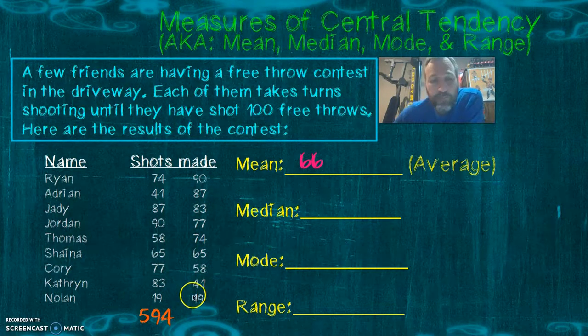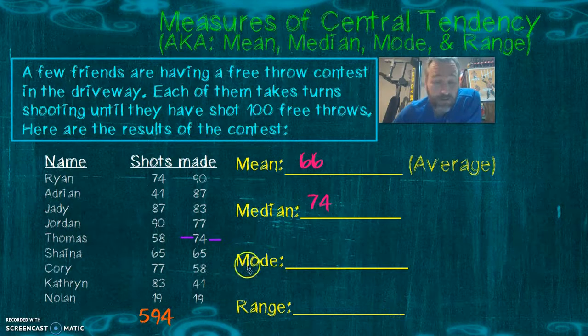When you find the middle number, the number that's right dead center of this set, that's the median. So there are 9 numbers here. So if I go 1, 2, 3, 4, and then I go 1, 2, 3, 4, then that means 74 pops up as the middle number. So we can put 74 as our median.